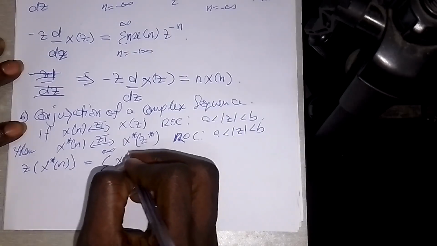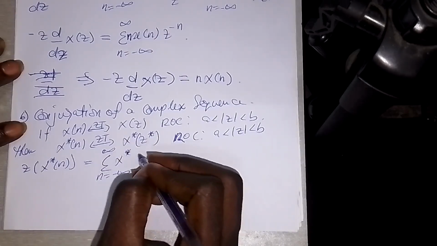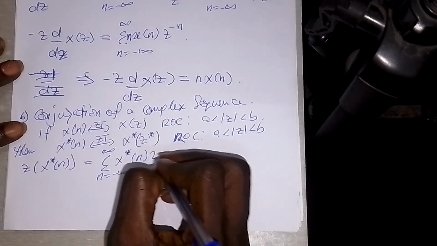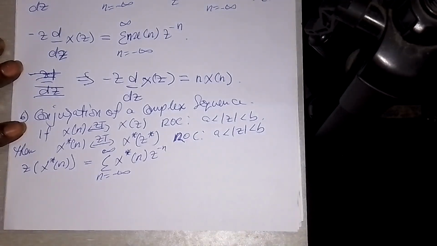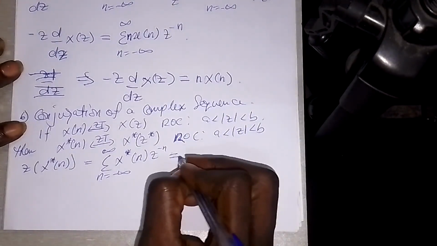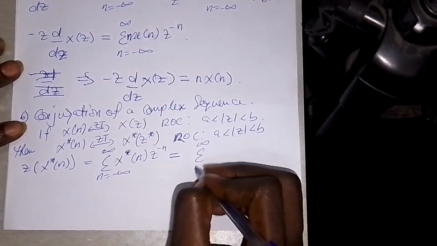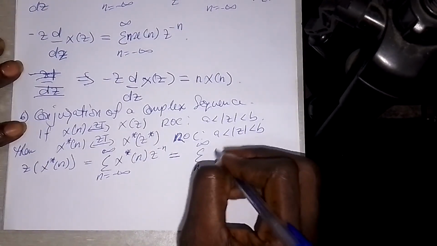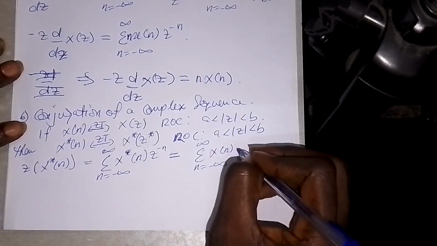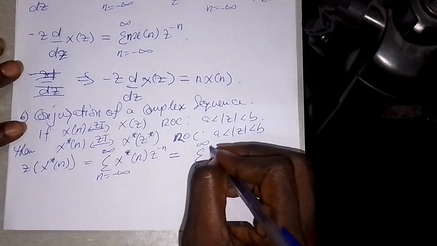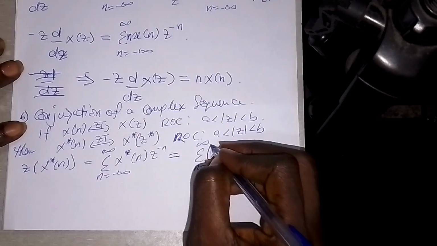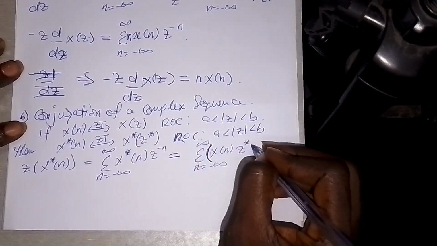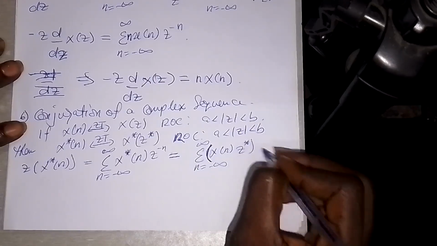So now, if I take the conjugate outside, then here it is going to be the conjugate, and then z to the minus n.